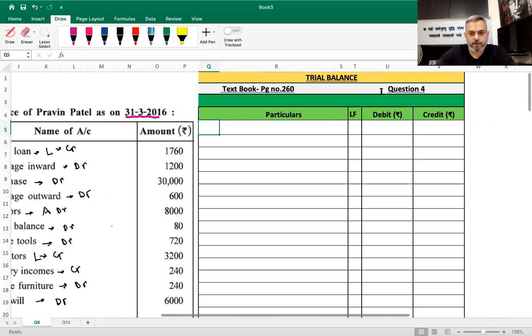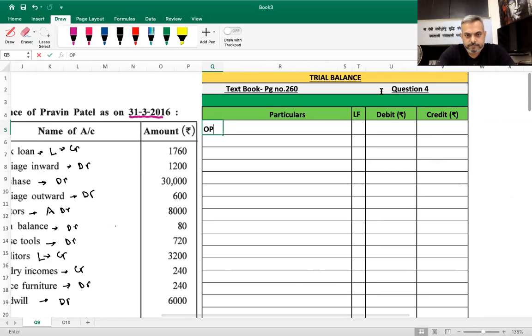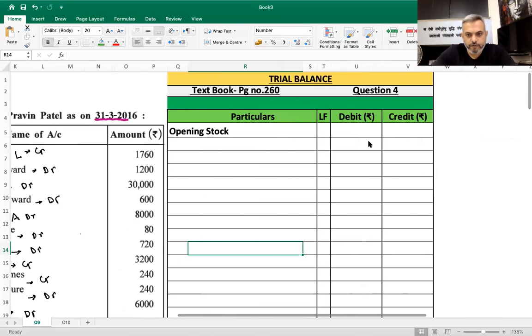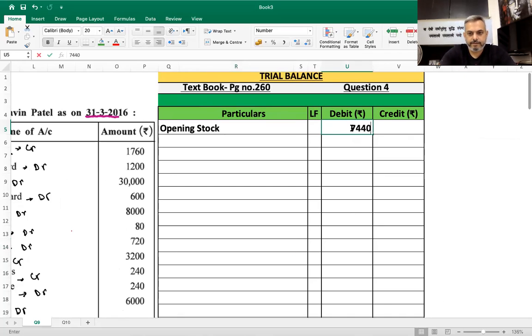First is opening stock, 7440, right on the debit side.